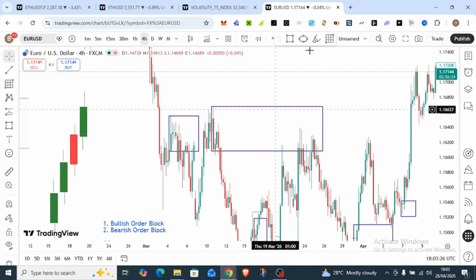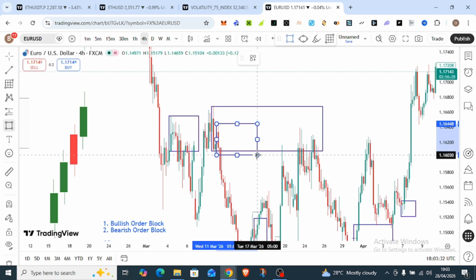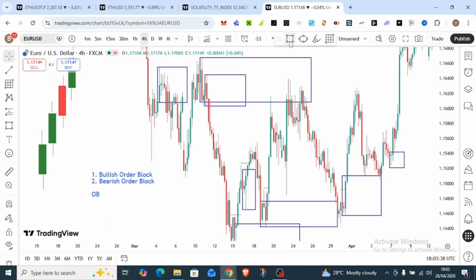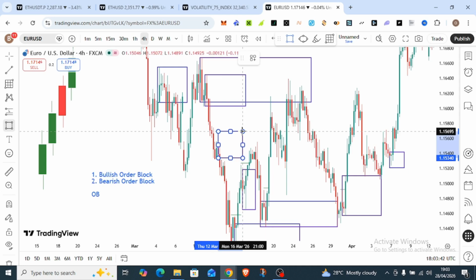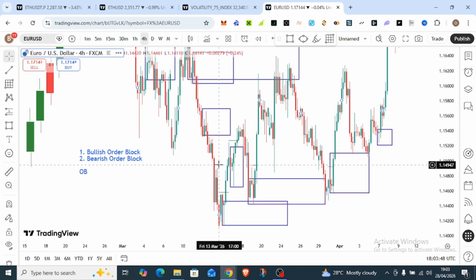Though the wick of, say this, based on this internal structure here, we have this order block. This wick has already mitigated it. We have another order block here. This is another order block. So this is it.